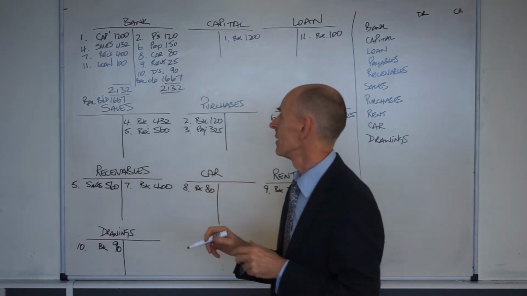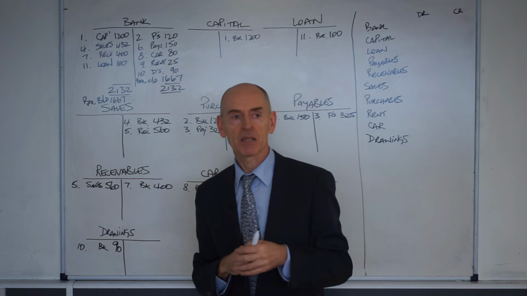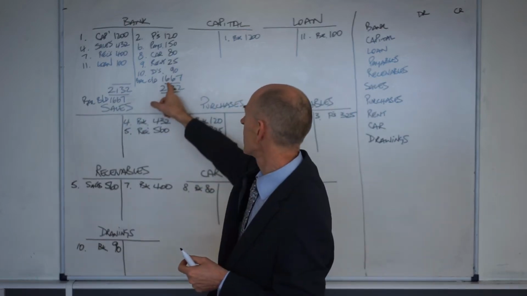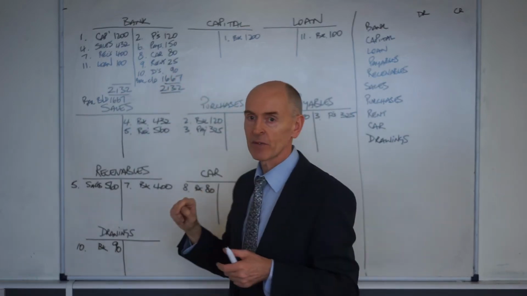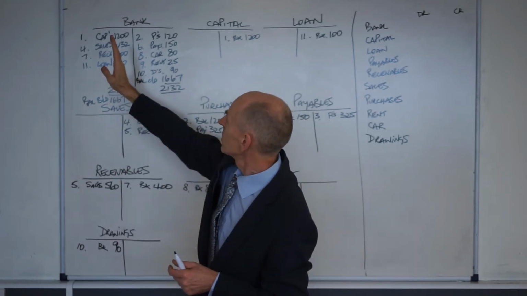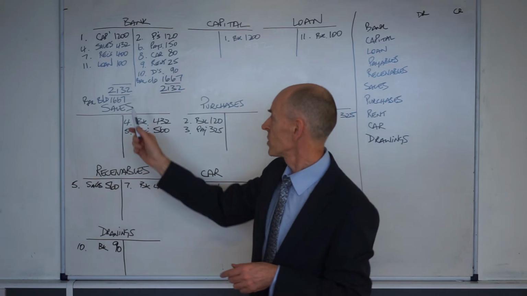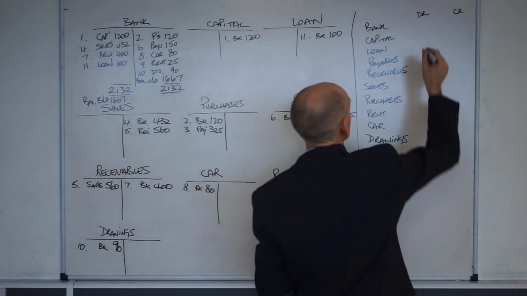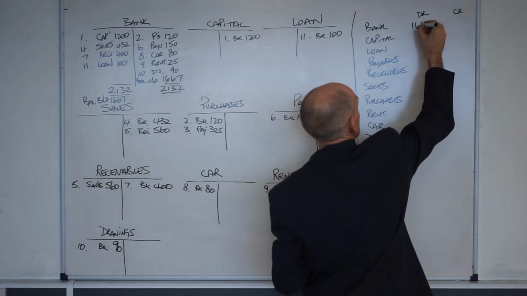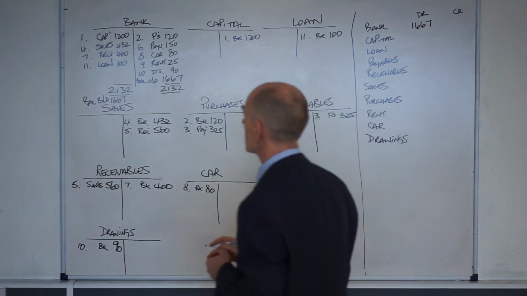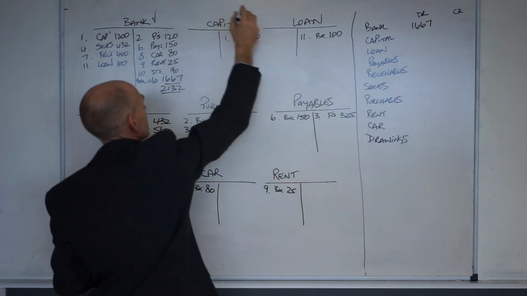And that just gives a little bit of mathematical accuracy to our closing balance. 1667 is the figure because there is more on the debit side than the credit side by 1667. So that 1667 I'm going to use as the balance on the bank account. So that sits there, bank account balance taken.